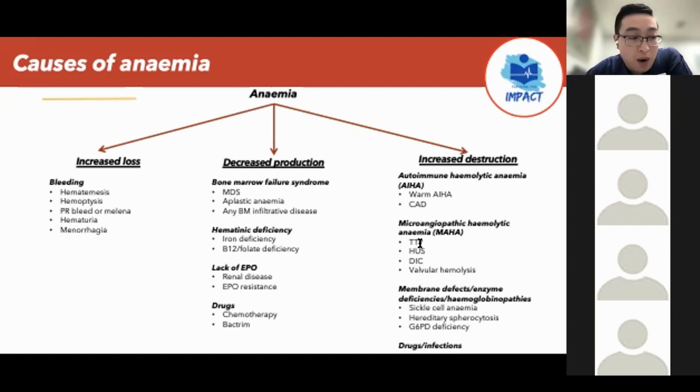So what I want to focus on is microangiopathic hemolytic anemia, which is all in the name. Microangiopathic means that the microvasculature is pathic, so it's screwed up. And it's because the microvasculature is screwed up that you're getting hemolysis, when the red blood cells pass through the screwed up microvasculature.